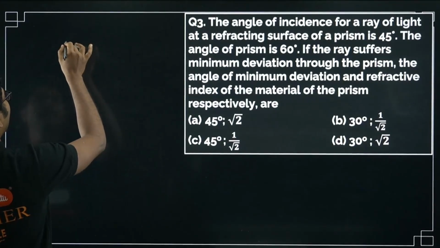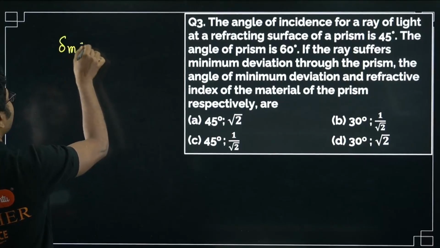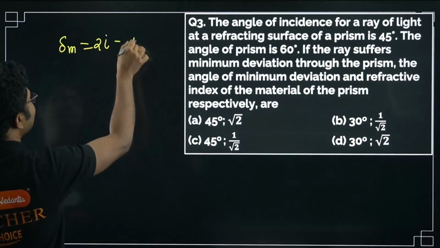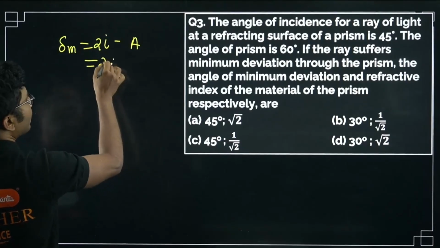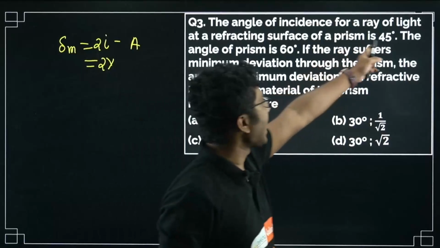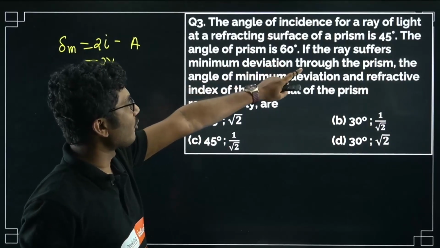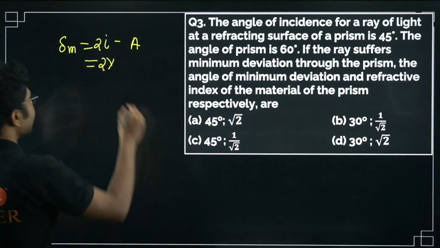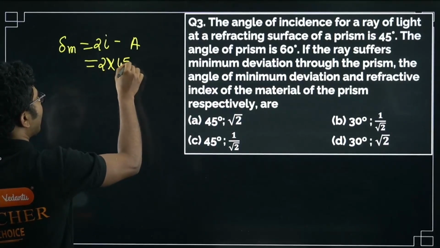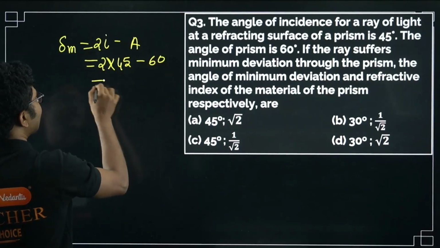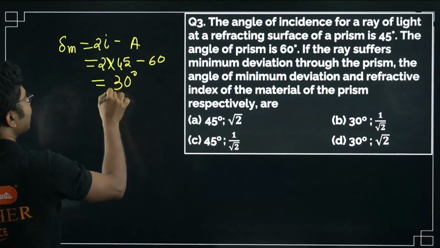What is the minimum deviation? Minimum deviation is 2i minus A. So 2 into 45 minus 60, that is 90 minus 60, that is 30 degrees.